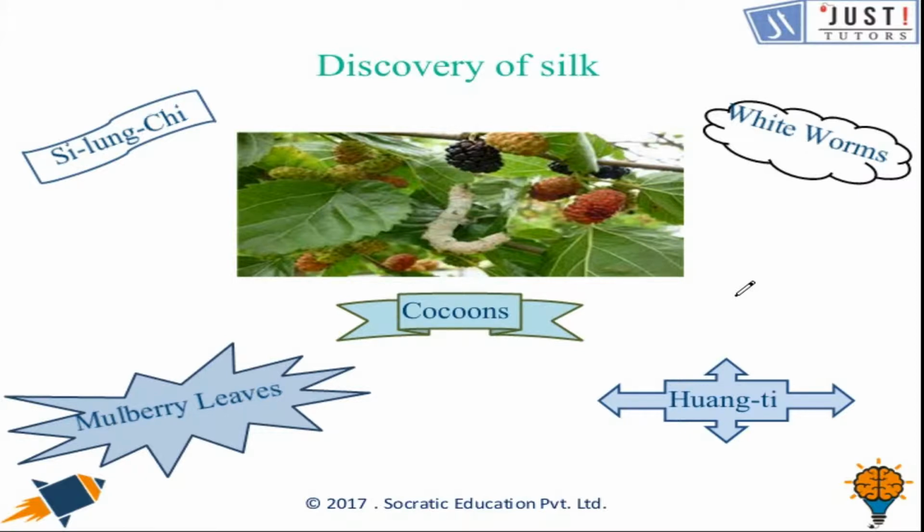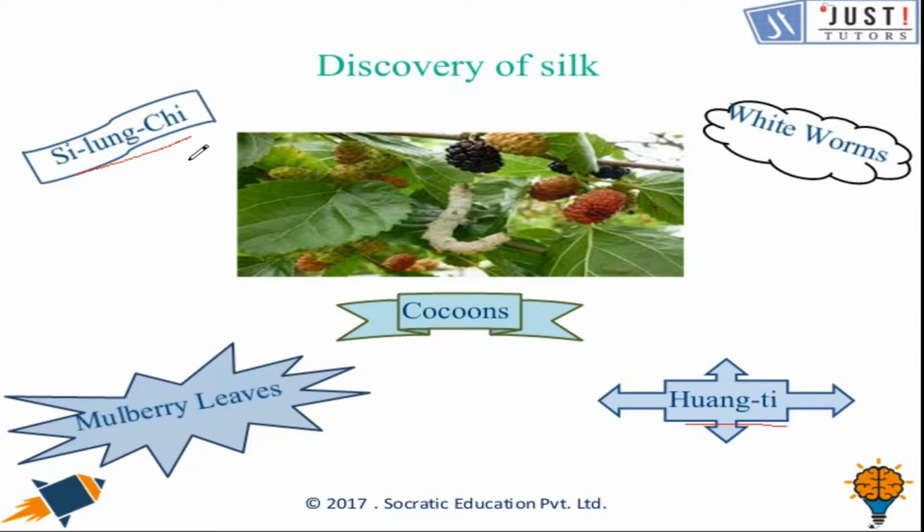Many years ago, in a Chinese legend, it is said that Empress Si Lung Chi was worried about the damaged mulberry leaves in her garden. Emperor Huangti found out that white worms were eating up the mulberry leaves and spinning shiny cocoons.